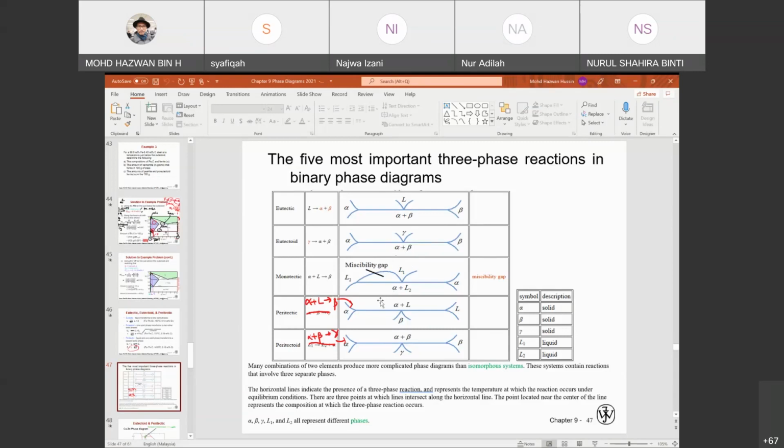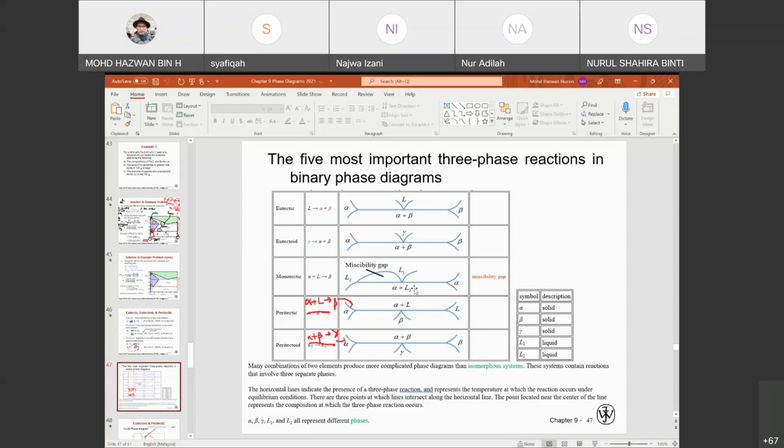Monotectic, meanwhile, is where you have this so-called miscible gap. With a miscible gap, we cannot identify the region, because if you look just beside the phase boundaries, it is liquid 1 and liquid 2. So this we are not sure. It's a combination of liquid 1 and liquid 2, so we call it a miscible gap.